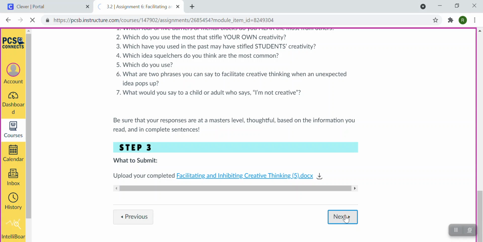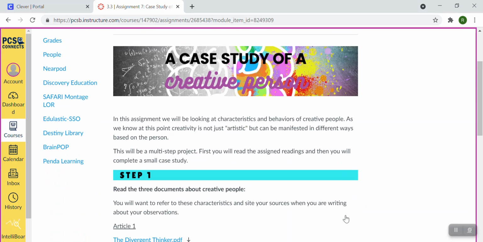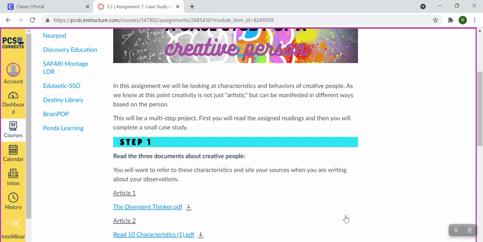Okay, so the next activity and assignment that I'm having you do in module 3 is a case study of a creative person. So what you're going to be doing is looking at characteristics and behaviors of creative people. A creative person may not do well in a specials class at school, but does really well maybe in engineering or problem solving or coming up with solutions.